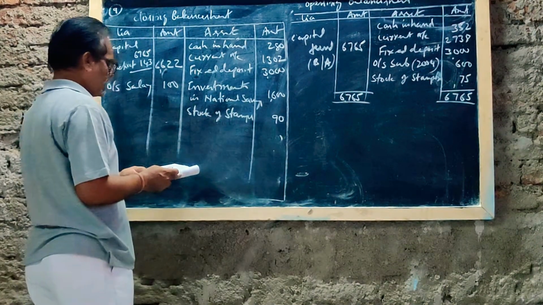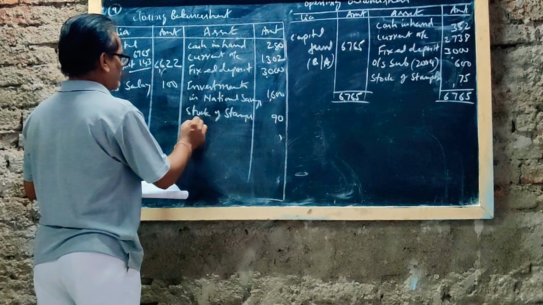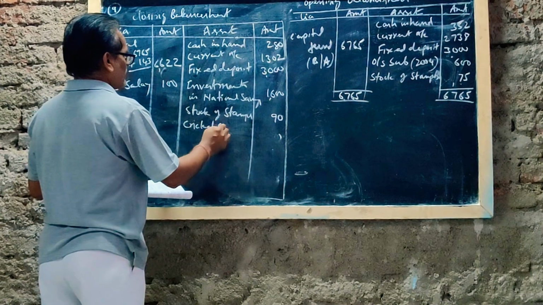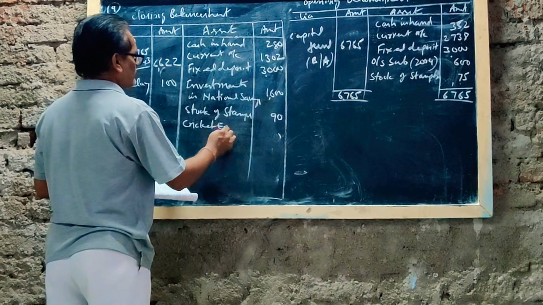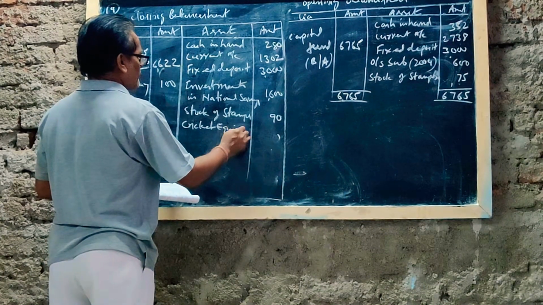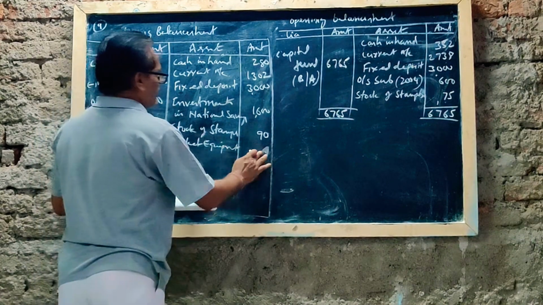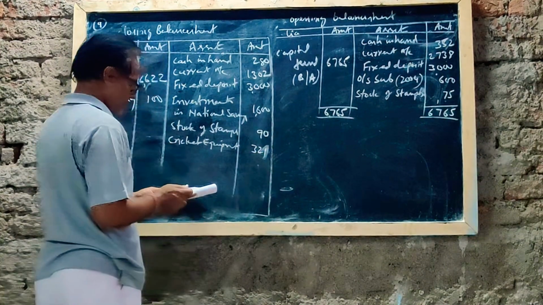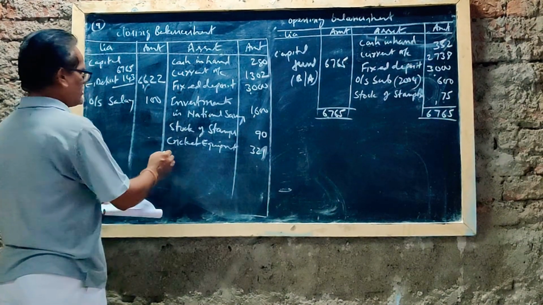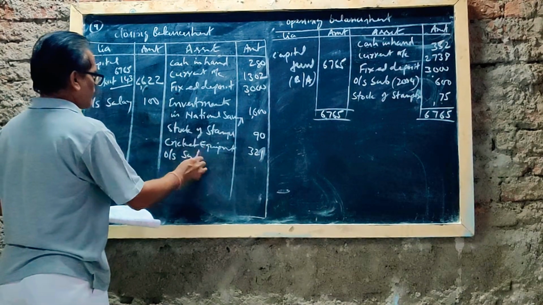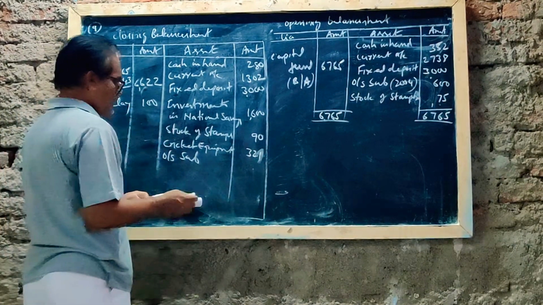Stock of cricket equipment, point C, 321. Outstanding subscription 800.